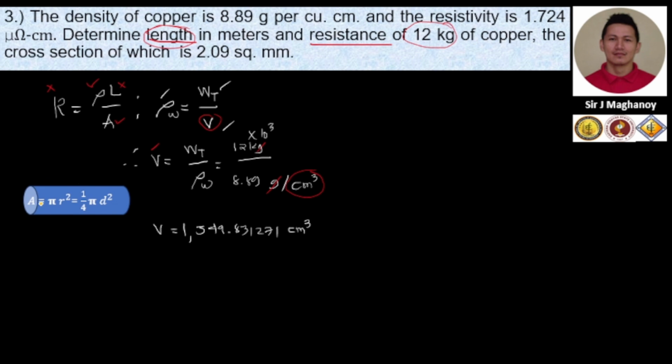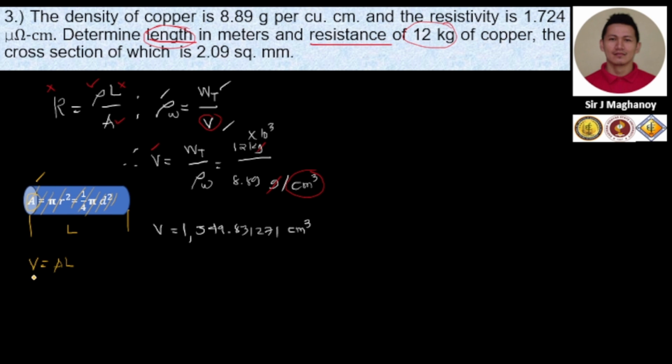In order to get the volume of the cylinder, we multiply the cross-sectional area times length.